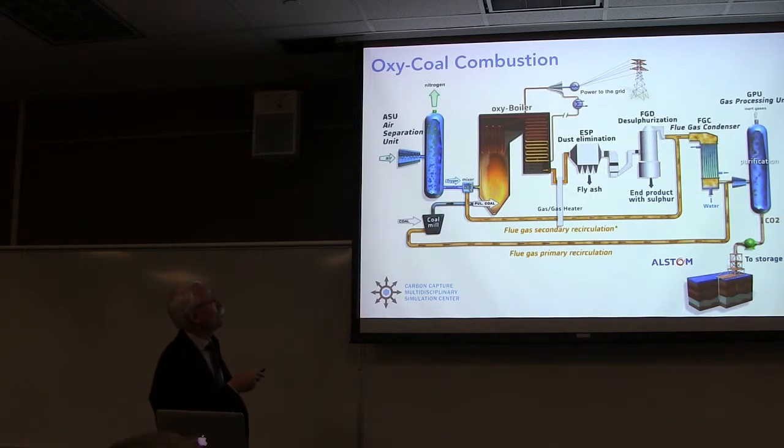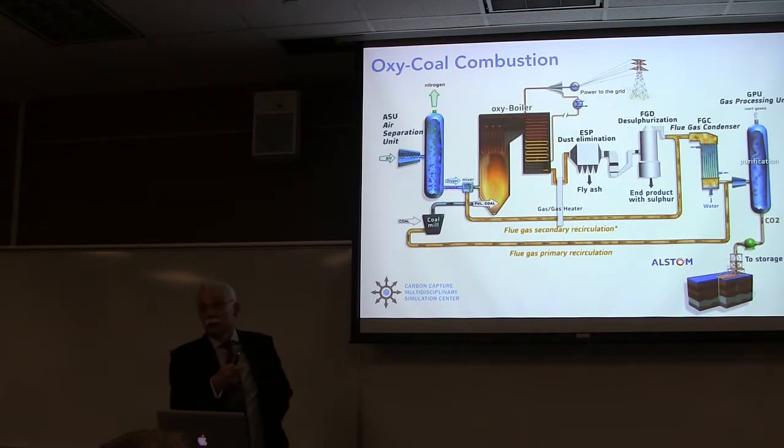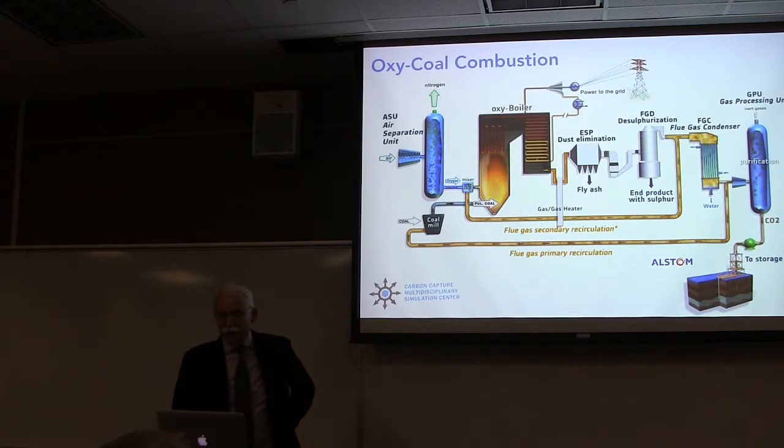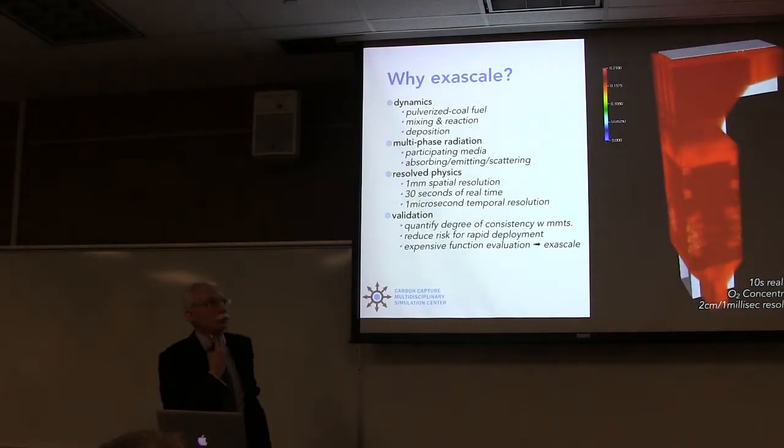Then you don't have this nitrogen to deal with in the flue gas, because the products of combustion here are CO2 and steam, water, and then the other criteria pollutants that might be coming out of such a system. And then to make it look more like air, you recycle some of that CO2 and mix it with the oxygen, so you're burning with a mixture of CO2 and oxygen instead of nitrogen and oxygen, which comes from the air. That's the process that we're working with Alstom on designing.